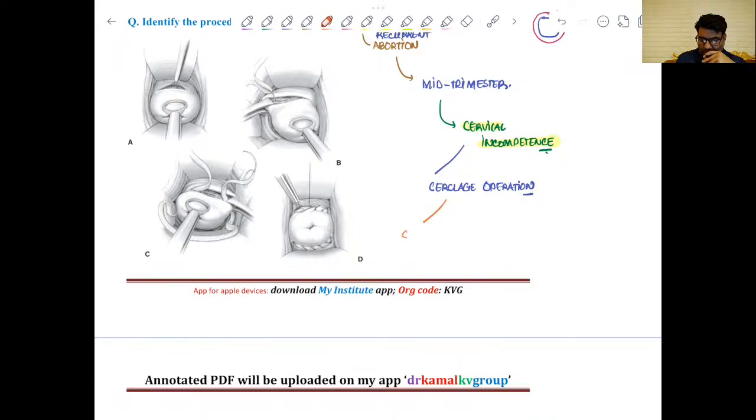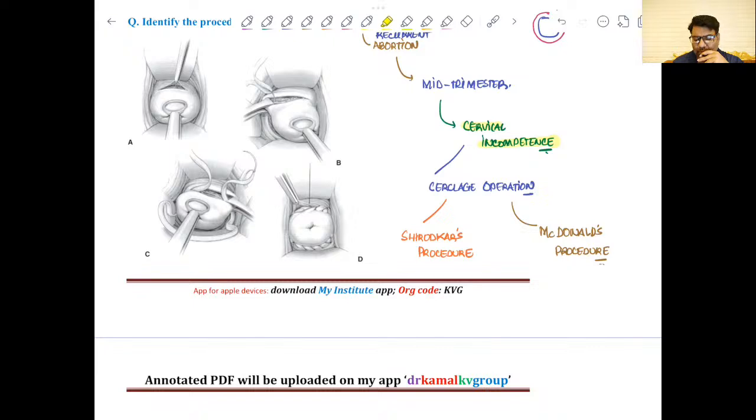So we can use either Shirodkar's procedure or McDonald's. Clear? So there are two procedures, Shirodkar's or McDonald's.